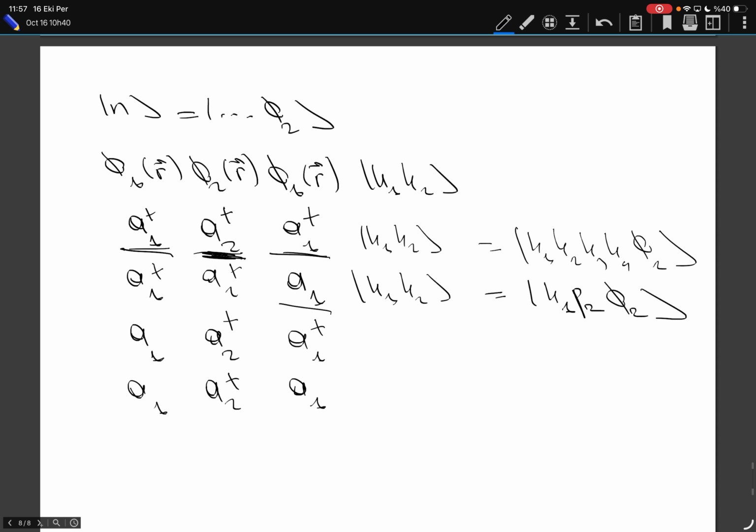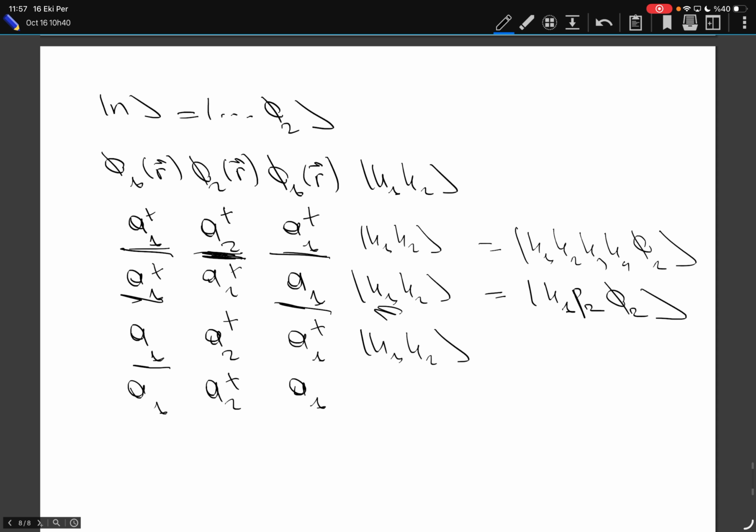You see, this will annihilate one particle, one of that. So either K1 or K2 will disappear in the state. There will be a phi 2 field. This will create another 1 type particle. Then I have this.